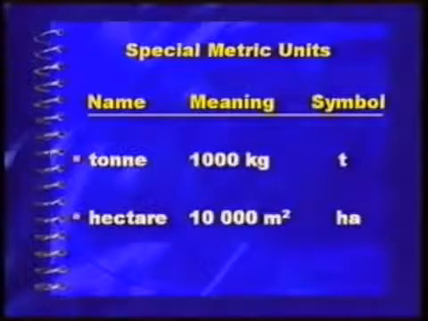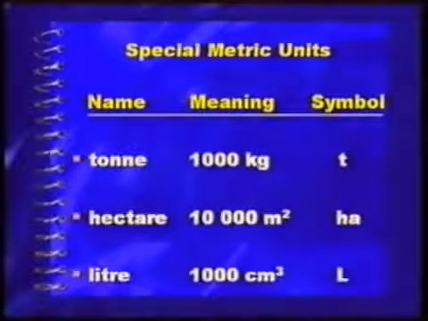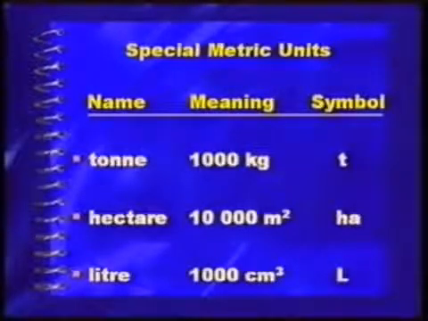And hectare to use with area measurements, that's equal to 10,000 square meters, or 100 meters by 100 meters. And finally we also use a liter, which is the same as 1,000 cubic centimeters, and the abbreviation for liter is capital L.